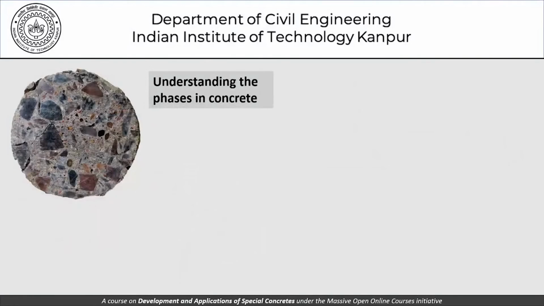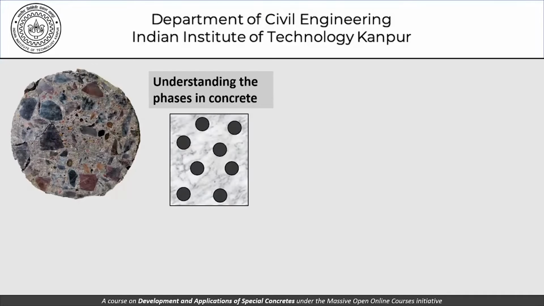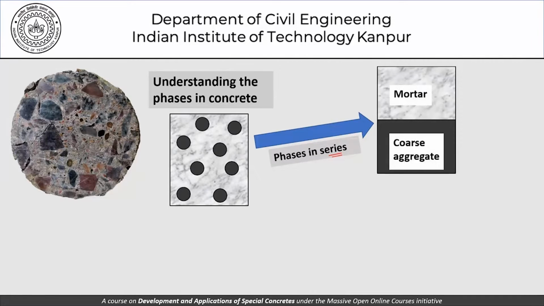If we try to divide this discussion into phases, we can talk of the phases in series. What the series part of it means will come in a minute. So here we have mortar and coarse aggregate aligned like this. When it comes to parallel, we can talk of mortar and coarse aggregate aligned like this.